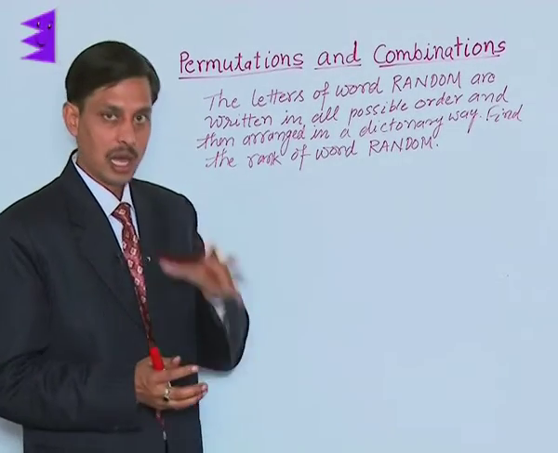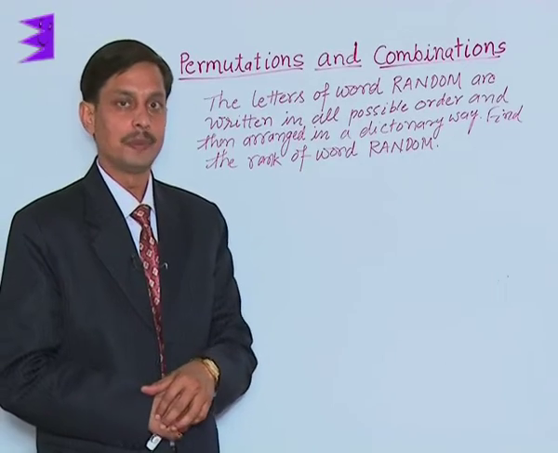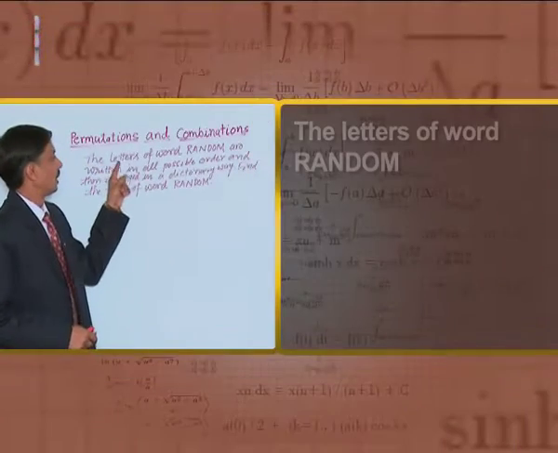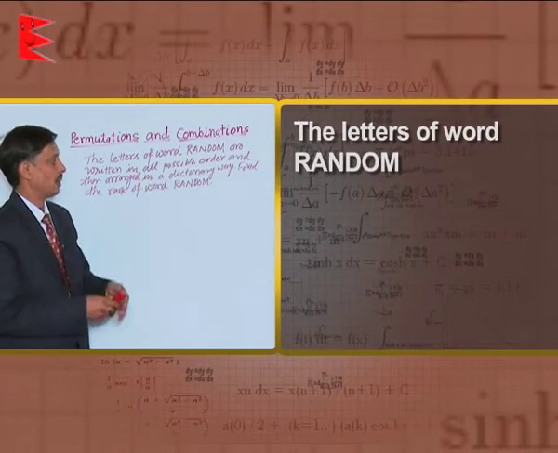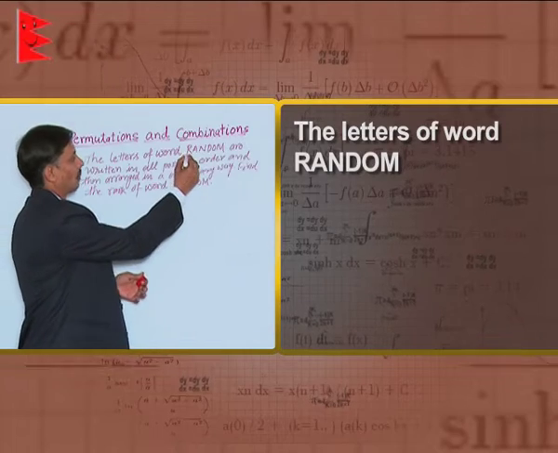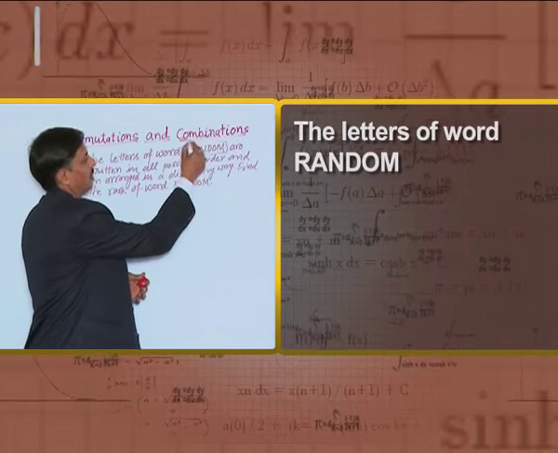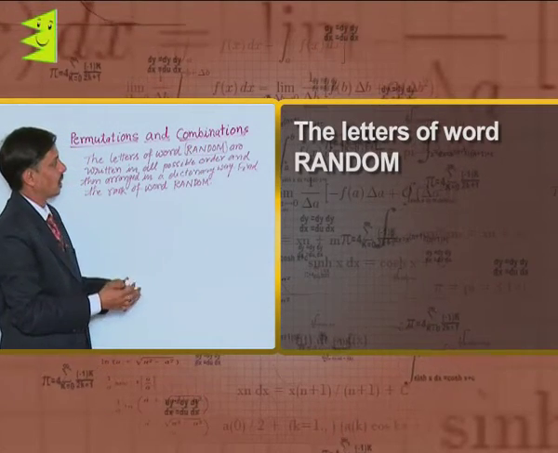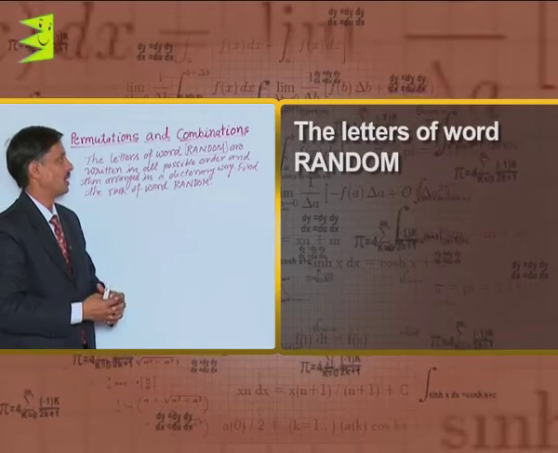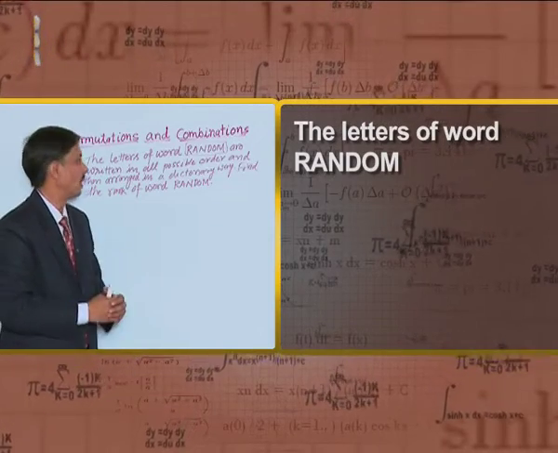There are some problems where we use permutation, but the specific type of problem deals with finding the rank. I am taking an example of that. The letters of the word random: whatever total number of arrangements are possible have been made.